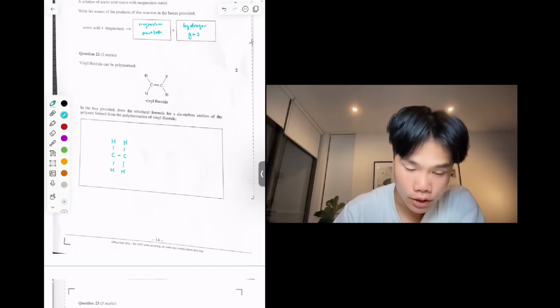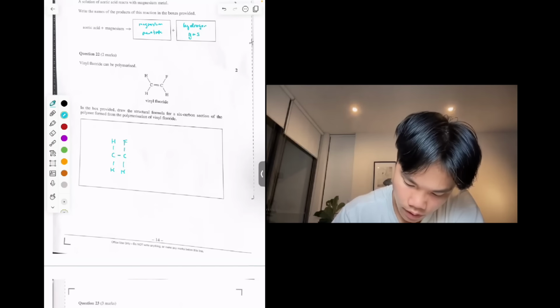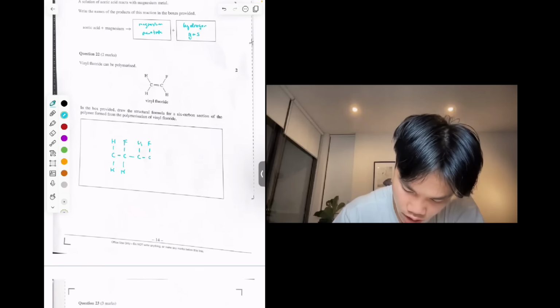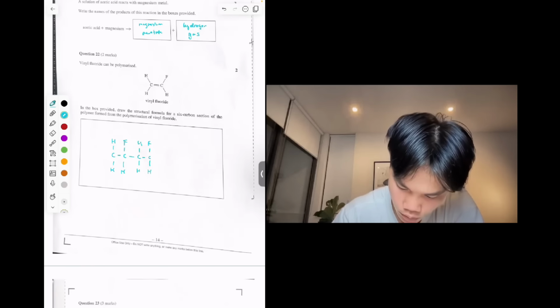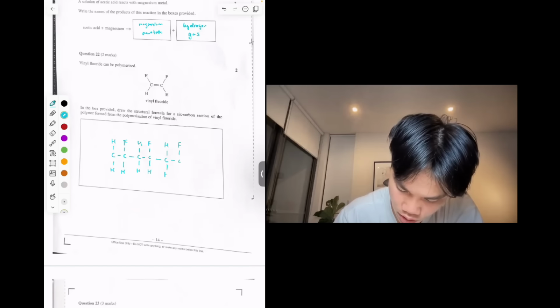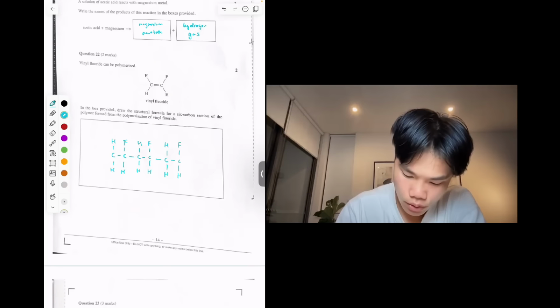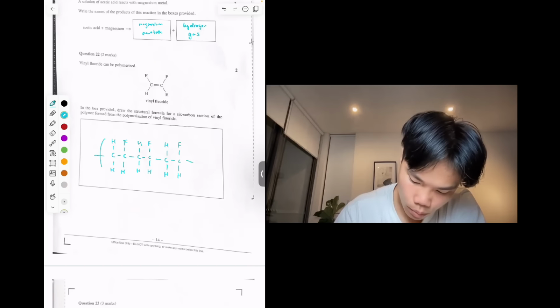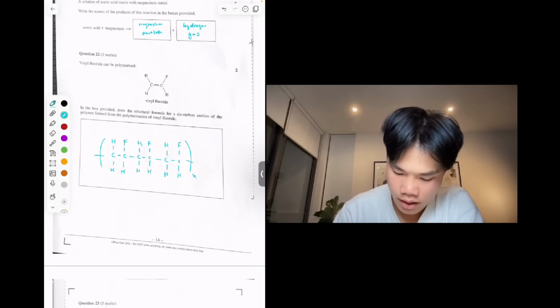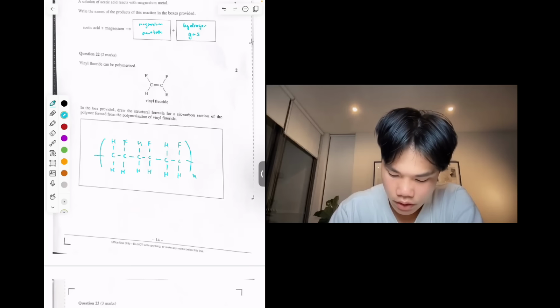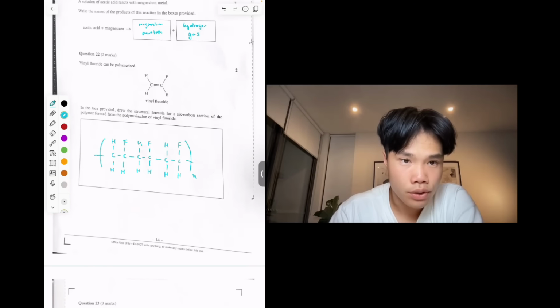So this would be your first monomer, F being attached onto the next monomer, which is exactly the same. And I would do exactly what they've given in that monomer. Just keep the fluorine in the same place. And these are your 3 units. Now, I would put brackets around the sides and an N to signify that this polymer continues.